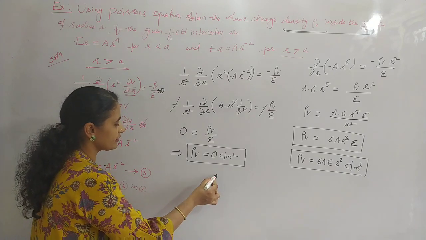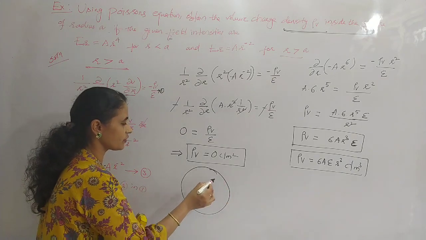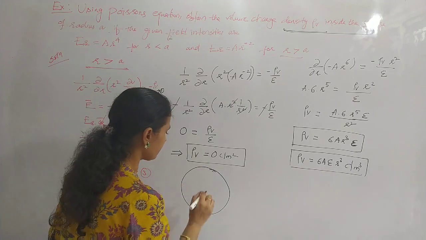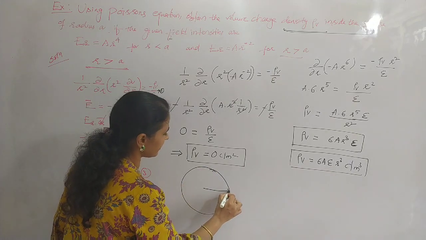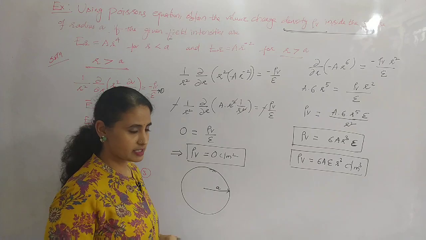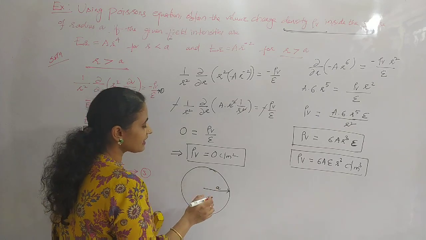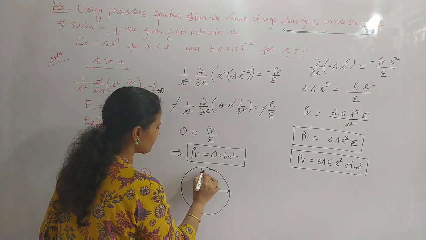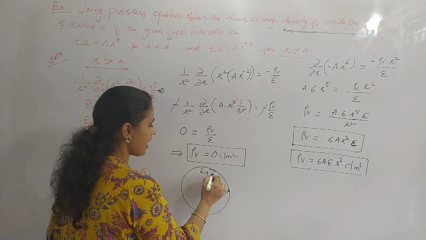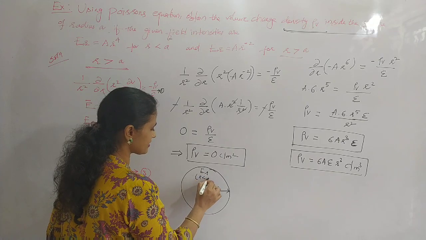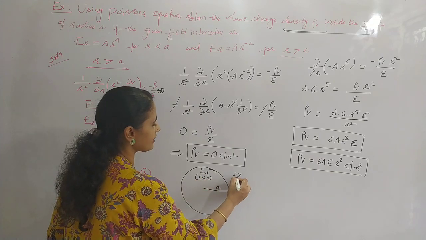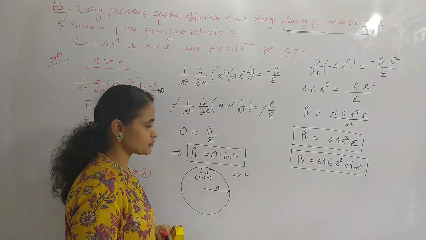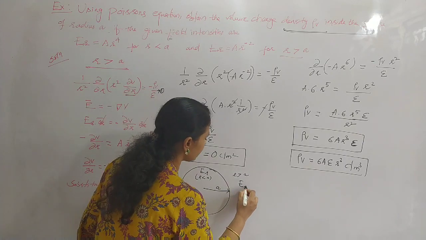See what they said: there is one sphere. The sphere has a radius of a meters, and the electric field is given within the sphere and out of the sphere. Within the sphere the electric field is ER, where r is less than a, and for r greater than a, outside the sphere, the electric field is also given.